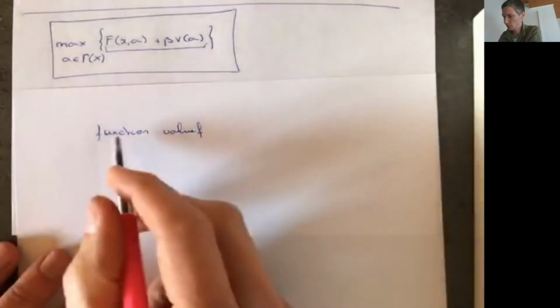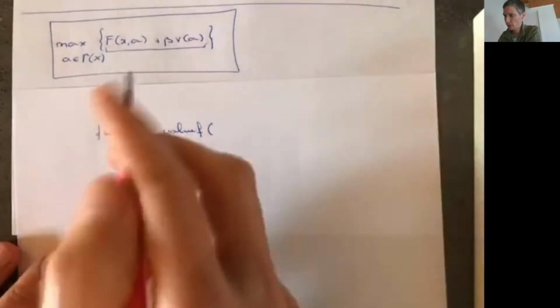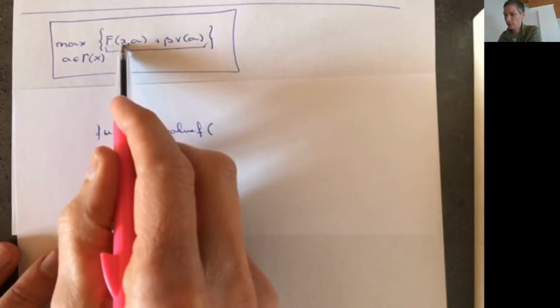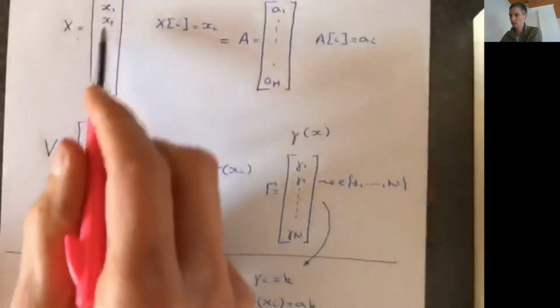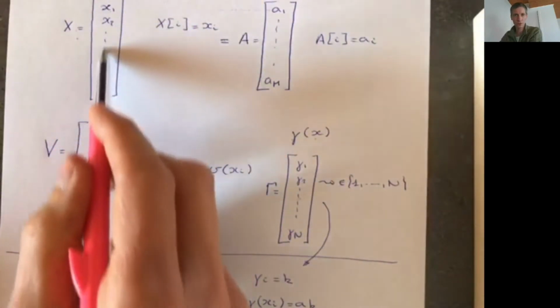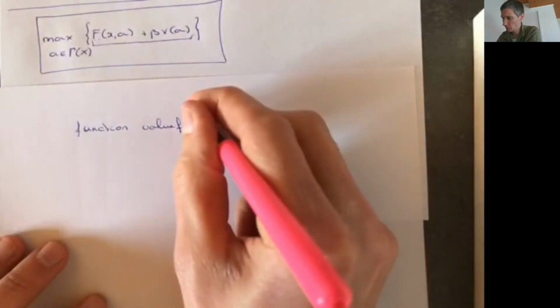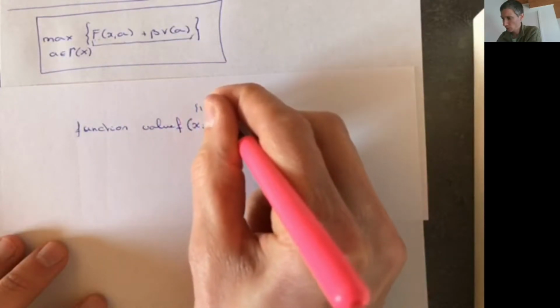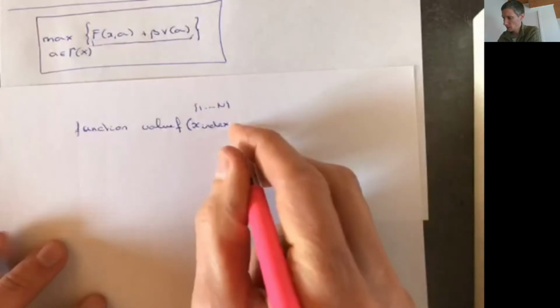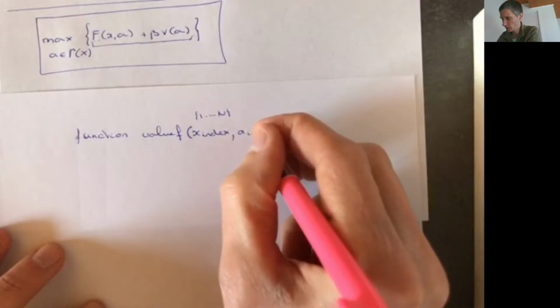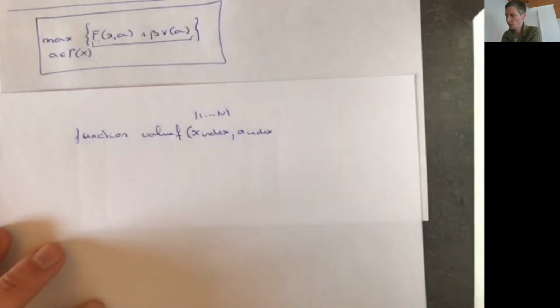It's going to take in state x, and for state x I can just use the index, so let me call this x index, and this is going to be a number between 1 and n. Then I need a value of a, which I'm going to call a index. That's also a number between 1 and n.